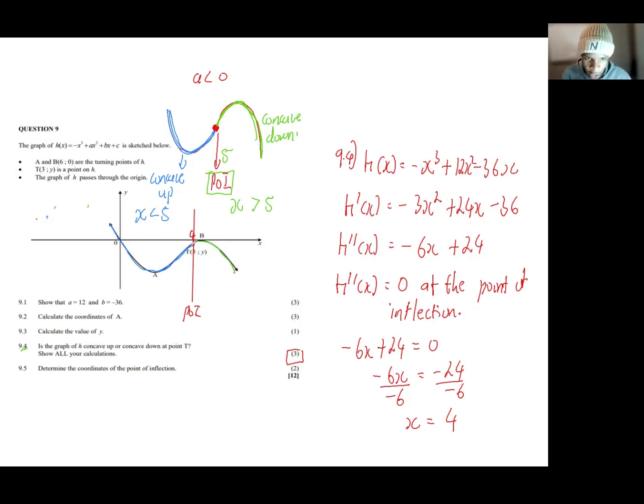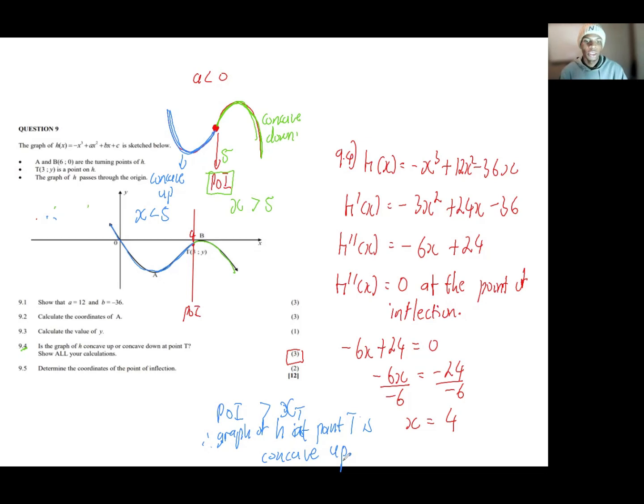Now we can see that our T value here is still on the blue, right? So we're going to say, therefore, because the x-coordinate of the point of inflection is greater than the x-coordinate of T, the graph of H at point T is concave up.